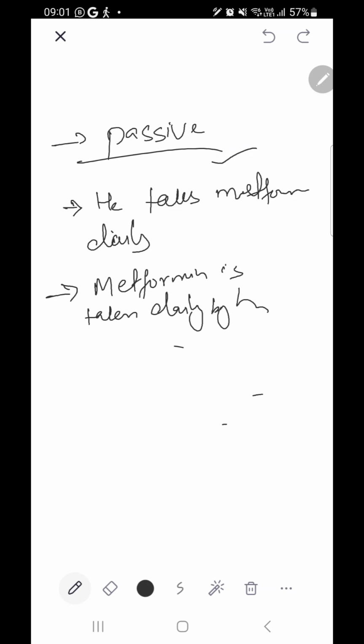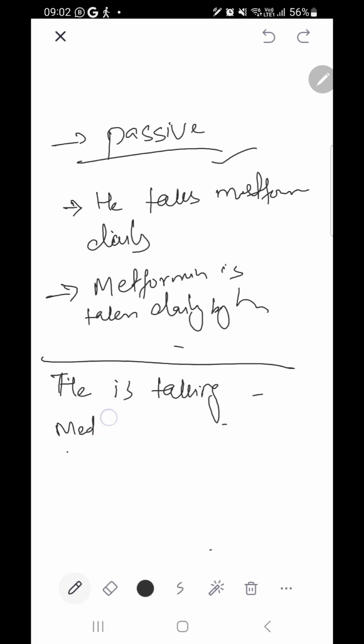That is in the simple form. If we talk about the present continuous tense, you can write it down: He is taking metformin.